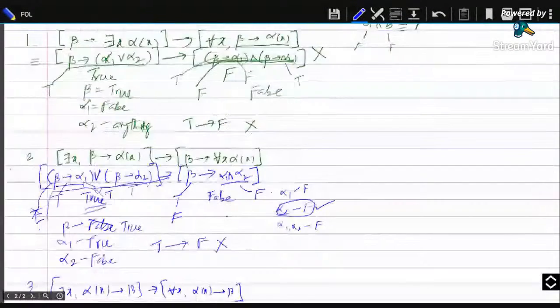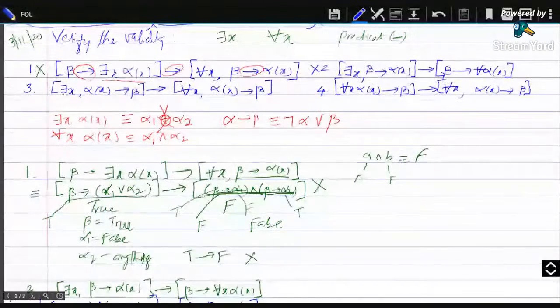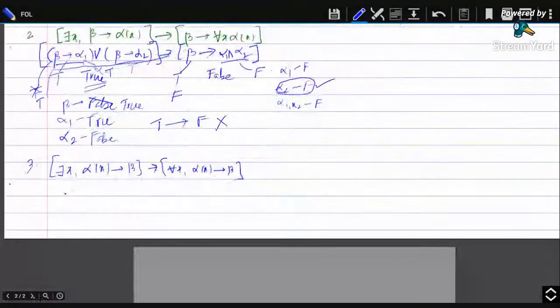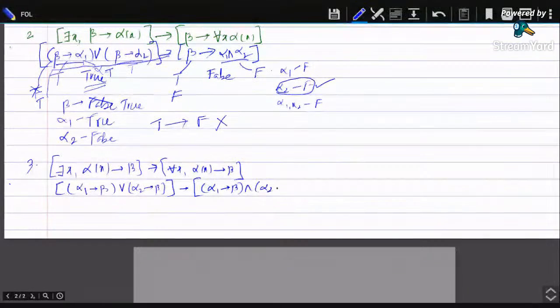Is it right? Yes, left hand side is there exists, right hand side is for all. If you look at it, there is a comma in both the places. That means for this whole thing, this is applicable, which means that on the left hand side, we have alpha 1 implies beta or alpha 2 implies beta. On the right hand side, it says alpha 1 implies beta and alpha 2 implies beta.